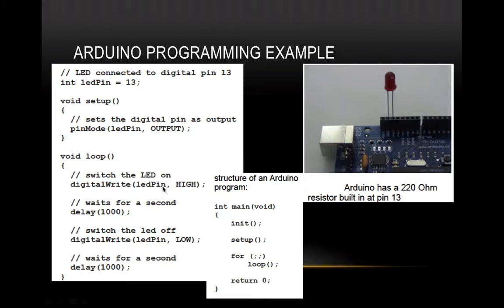Pin number 13 is going to be given a value which is high, or 5 volts, so that the LED will be turned on, and you call for a delay of 1 second.